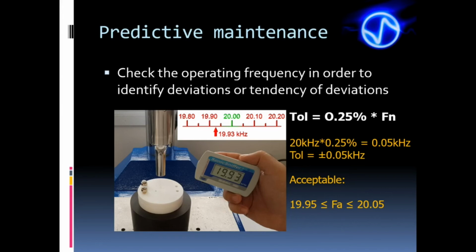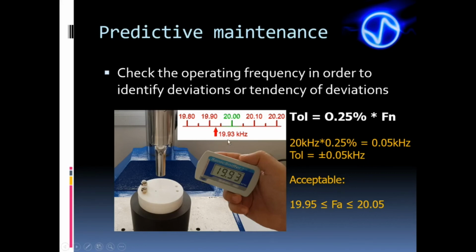So the tolerance for this stack is 20 kHz plus or minus 0.05 kHz. Put another way, if this nominal 20 kHz stack is operating above 20.05 or below 19.95 kHz, we must perform preventive maintenance on it.